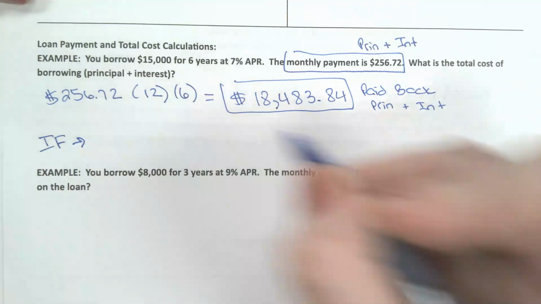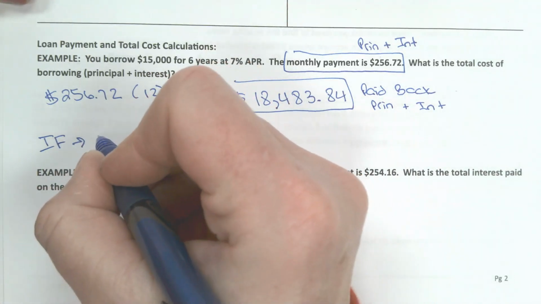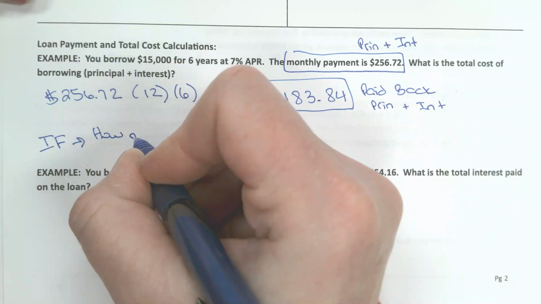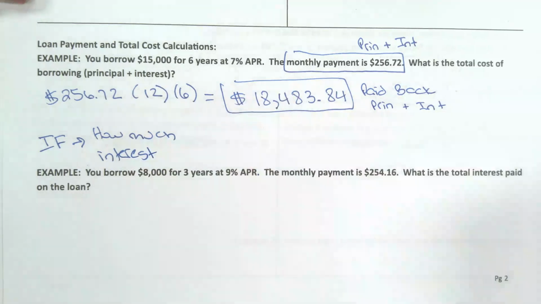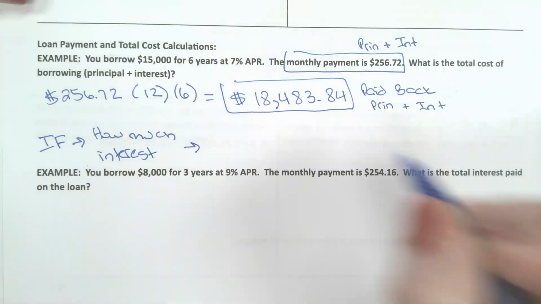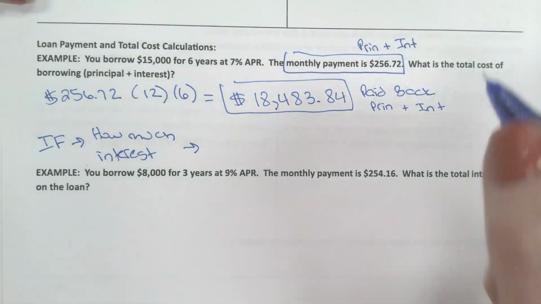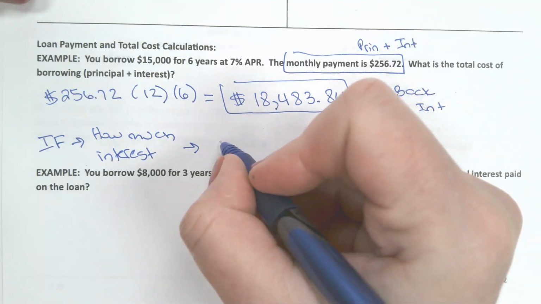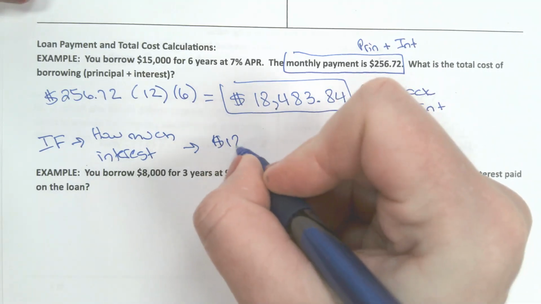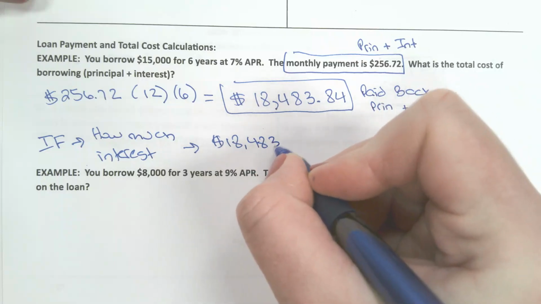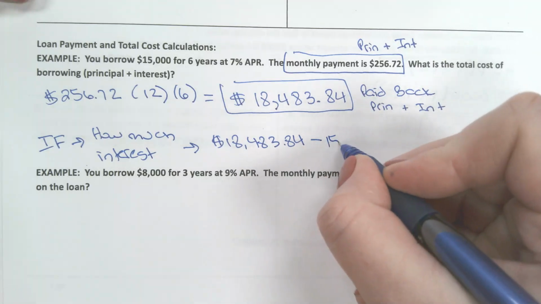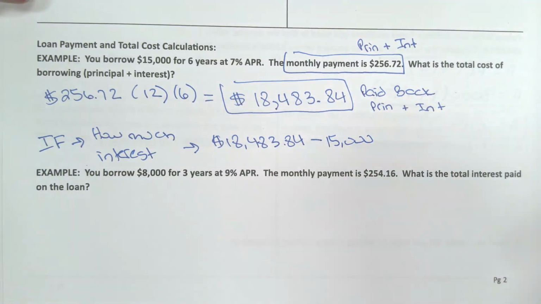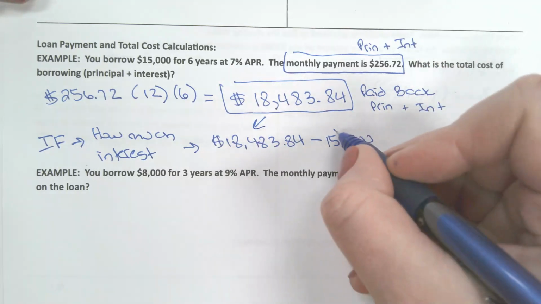If it had said how much interest did you pay on that loan, well, then you have to take how much you paid back, the $18,483.84, minus your principal amount. So that's that amount.